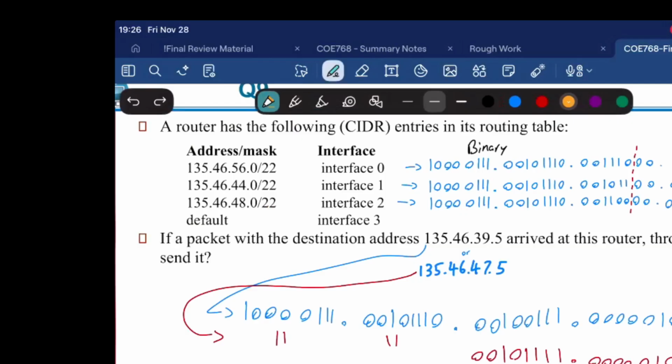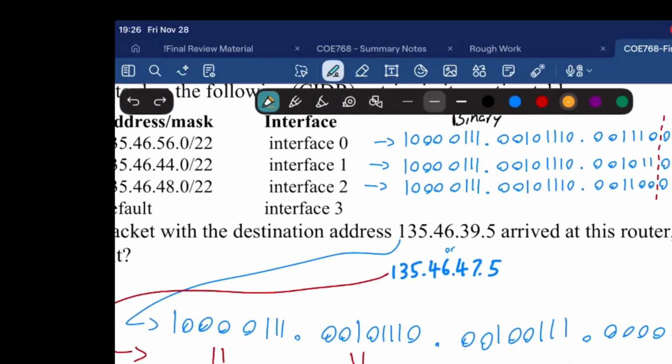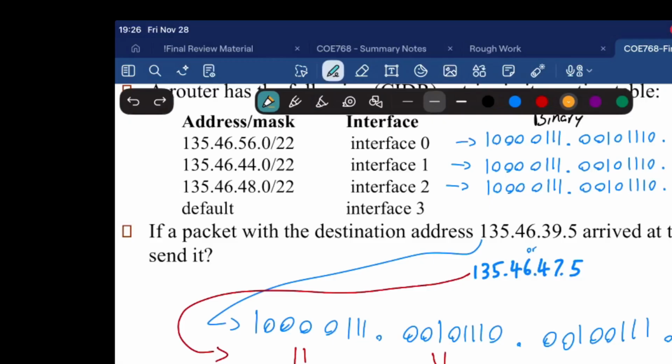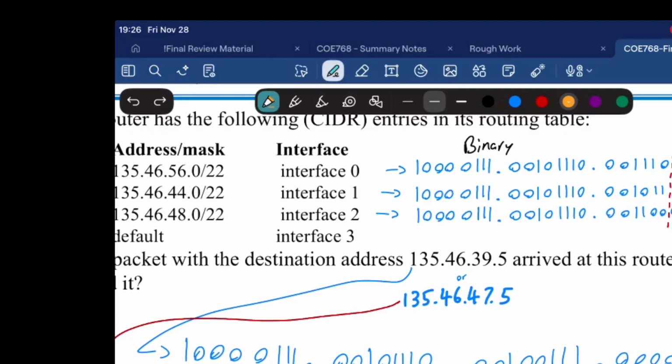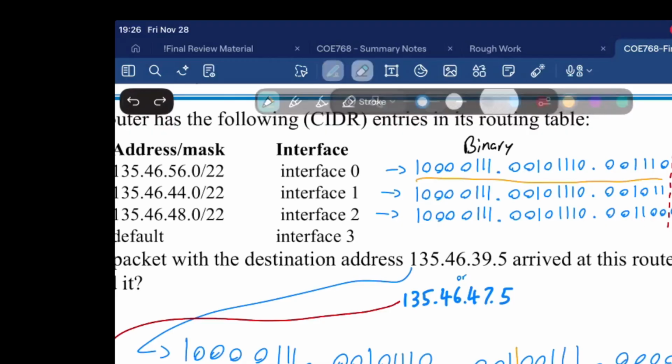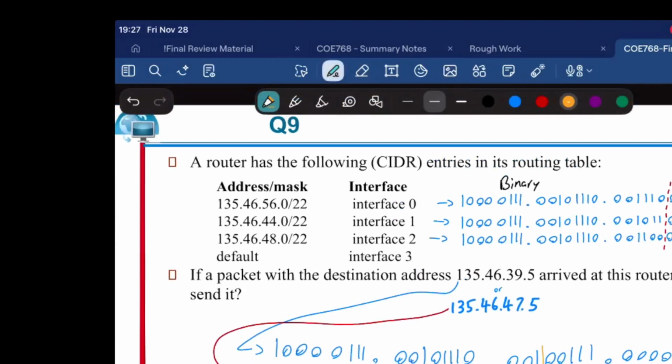So if we were to do that for the 39.5, which is the first blue stream that we have, we can see that if we compare all of these with all of these, going all the way down, this third bit is where we terminate the similarity between all of these, and hence determine whether or not this IP address will be used to communicate with any of these.